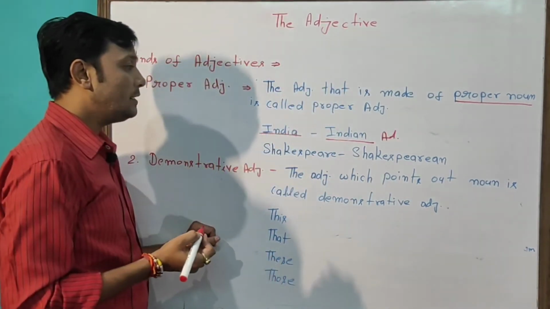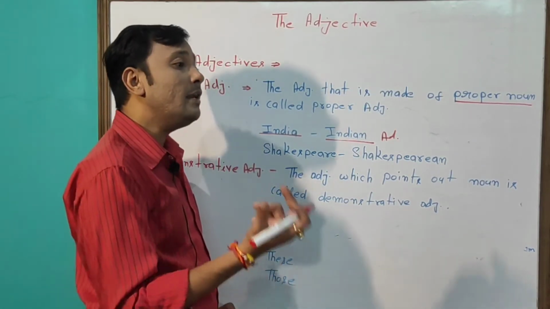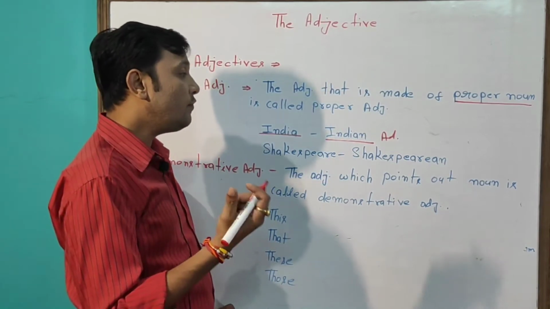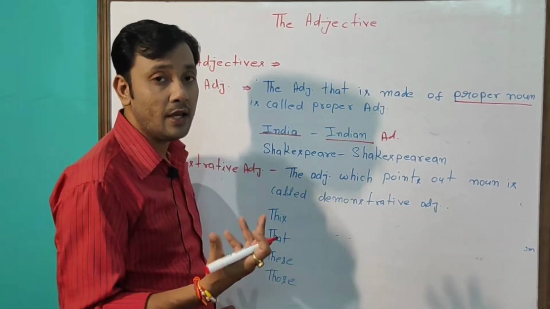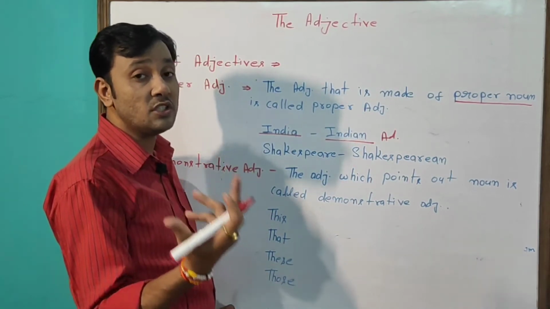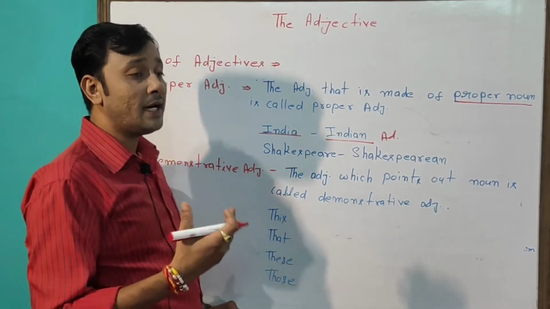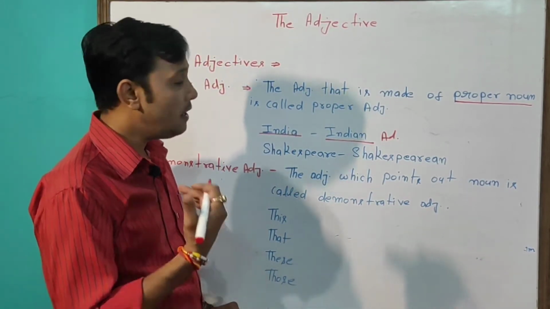Suppose I say Indian farmer. Now, farmer is a noun and Indian farmer is Bharatiya Kisan. So here the word Indian is describing a farmer, which is a noun. So an adjective that is made up from a proper noun is known as a proper adjective.